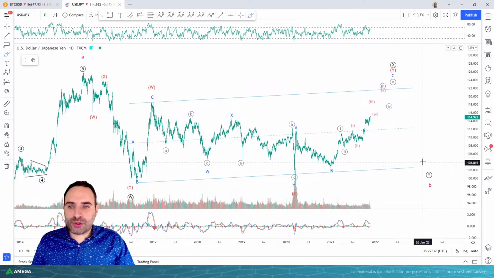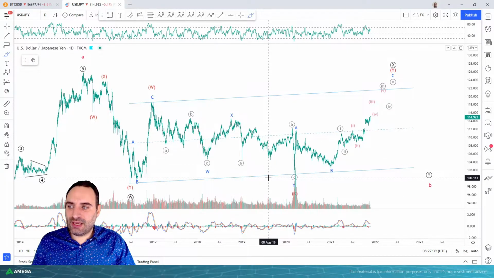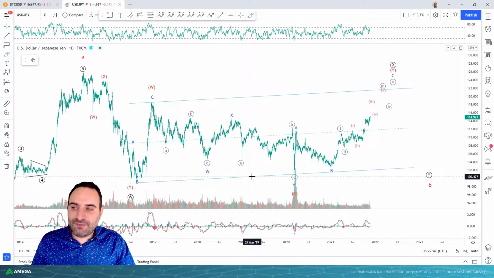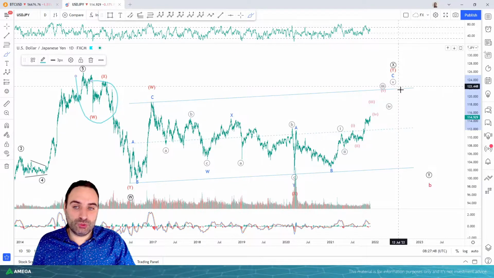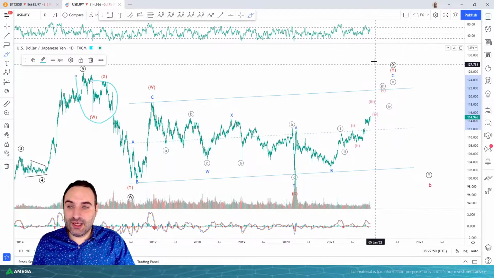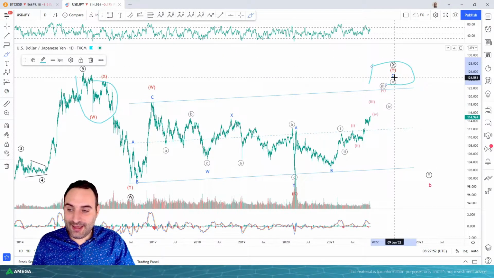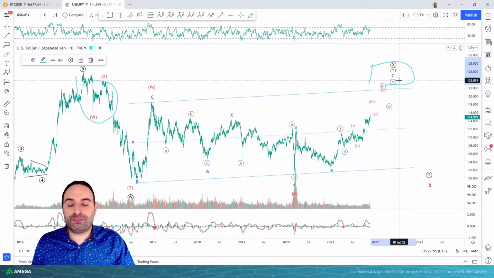It could also be an ABC, which is a flat pattern. But for now, because of the structure of this first leg, and because we have not even yet seen where wave X has stopped, we cannot use this as the main.